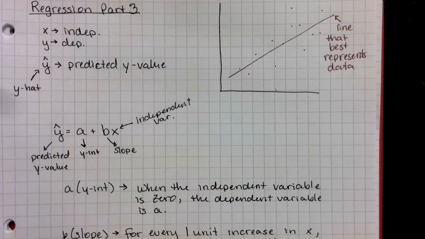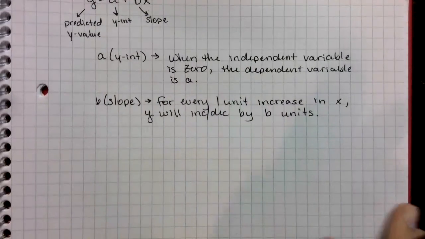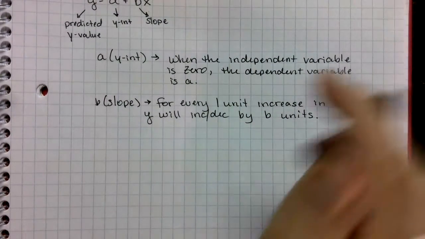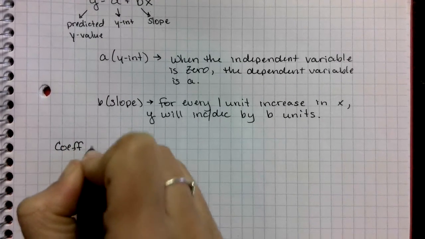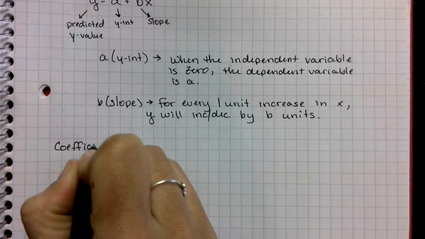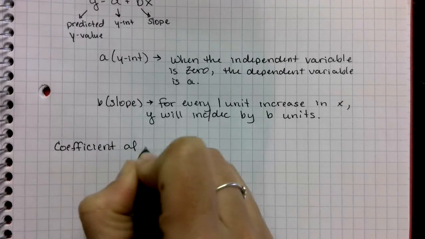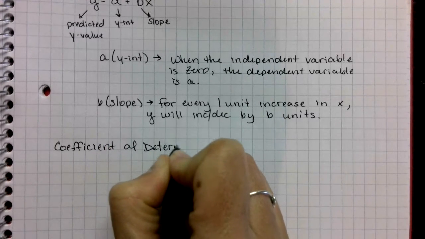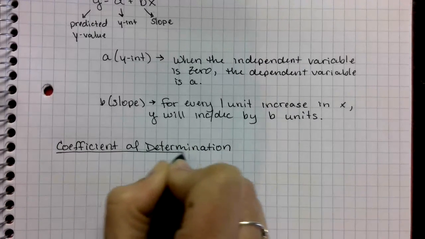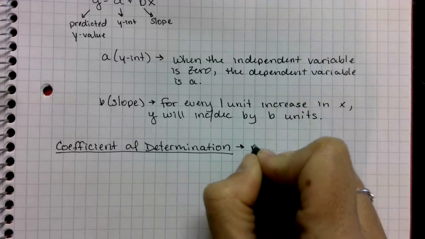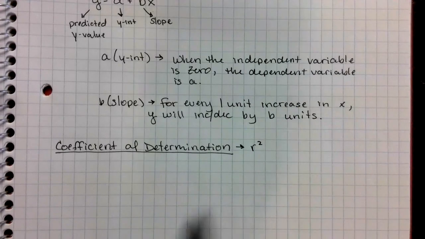Now, the other thing that I want to go over in this video is something called the coefficient of determination. The coefficient of determination is given by r squared.